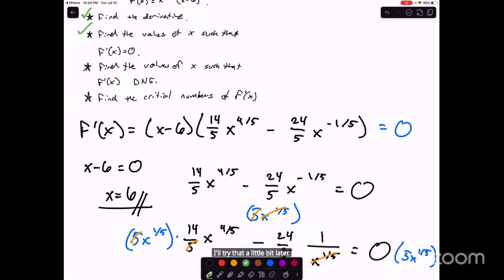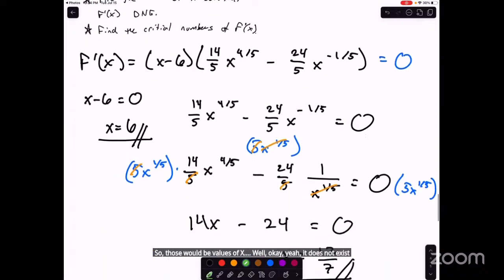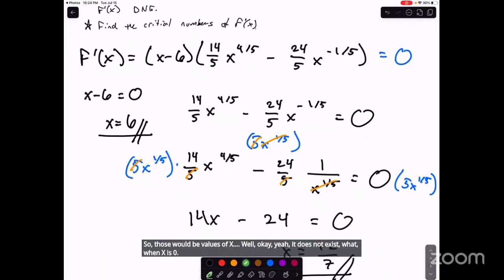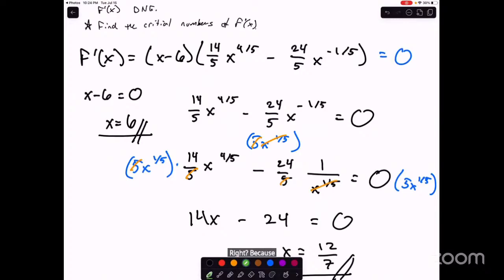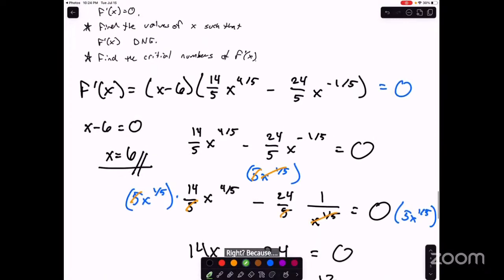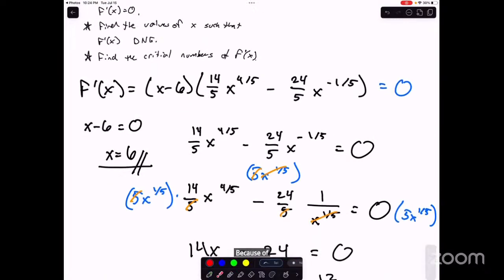Find the value of x such that the derivative does not exist. So those would be values of x. Well, okay, it does not exist when x is 0, right? Because remember this guy here, we had the negative exponent, so that's in the denominator. So when x is 0, I think you got that one right, and that comes from here.